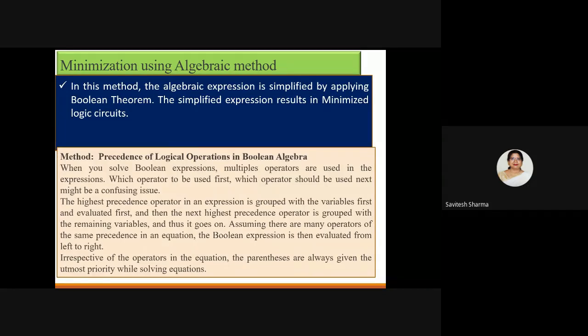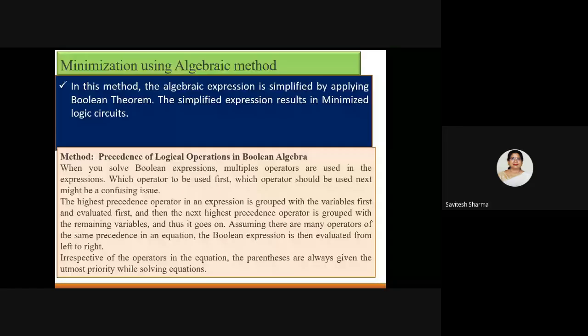You start with the complex Boolean expression and apply Boolean theorems, and as a result you get a simplified expression containing the fewest literals. Then you say it is a minimized expression and it will result in a minimized logic circuit.